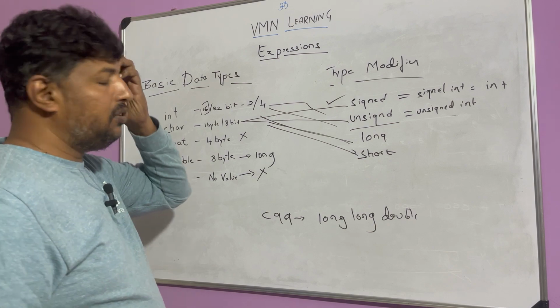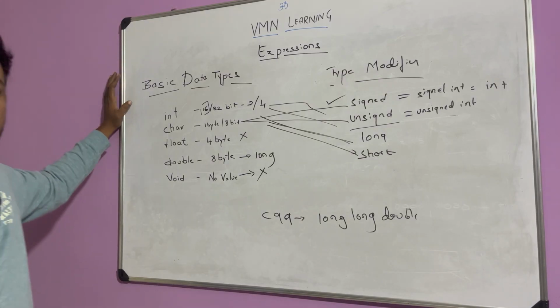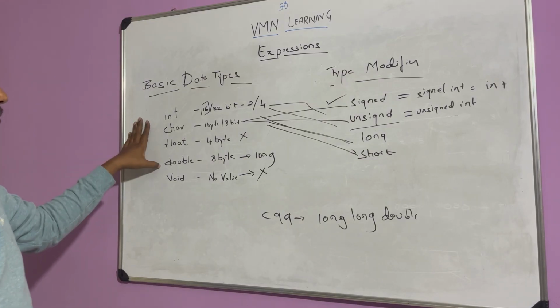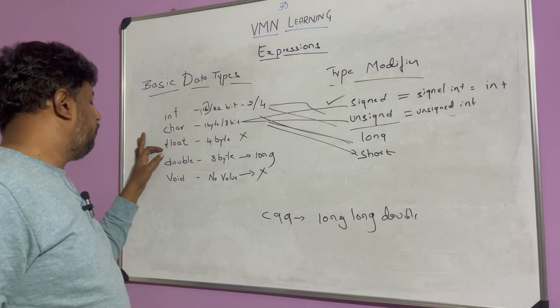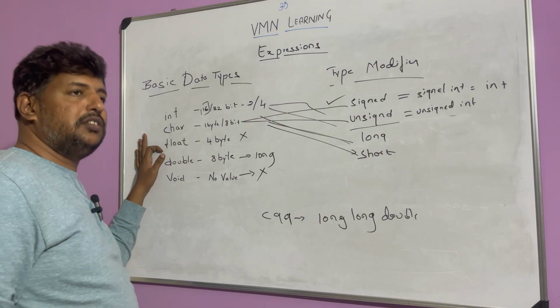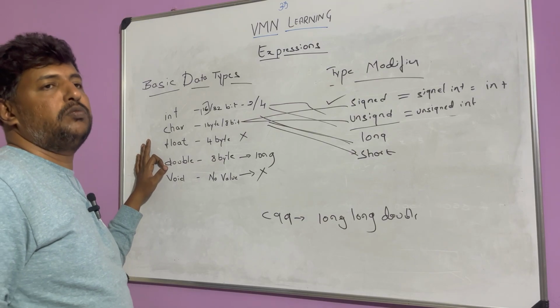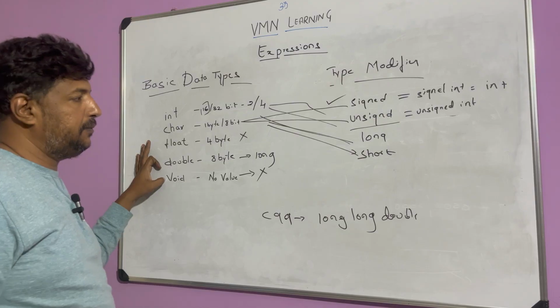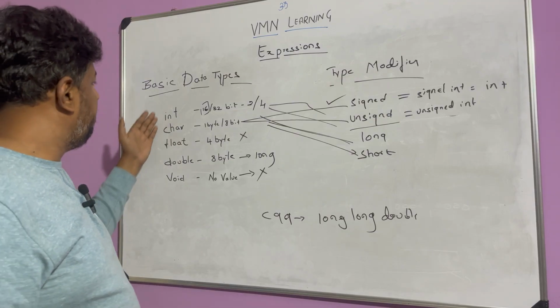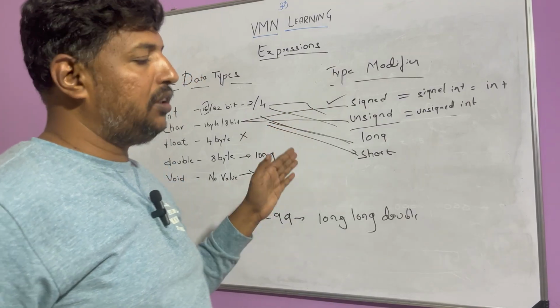So these are the basics of data types. We have int, char, float, double, and void. Int is for integers, char for characters, float for floating numbers, double for floating numbers with more precision than float, and void for nothing. These basic data types can be modified as signed, unsigned, long, short.